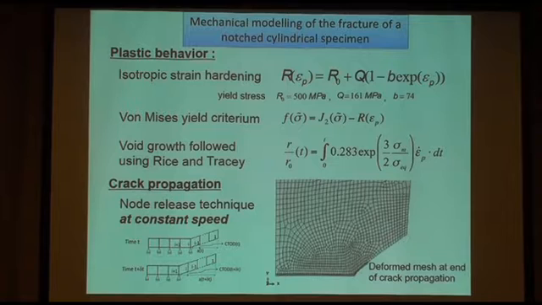To simulate crack propagation, we used the node release technique, and we added a hypothesis that the crack was running at constant speed, so we just released the nodes with the speed we calibrated in the data. So you can see the deformed mesh at the end of the crack propagation, and the brittle area takes place here.